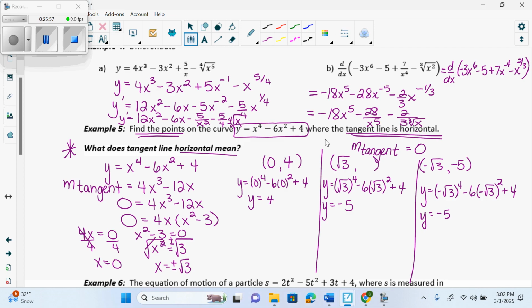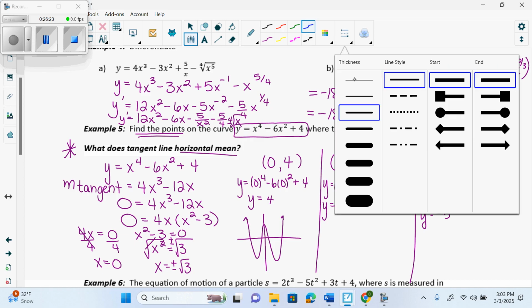Can you guys find the max and mins of the graphs in front of your face? Go. Max and mins, find them. If you look at your graph in front of you, you have a graph that looks like this. True? Guys, the horizontal tangent, we've talked about this before.